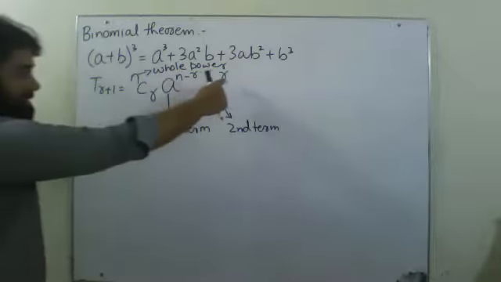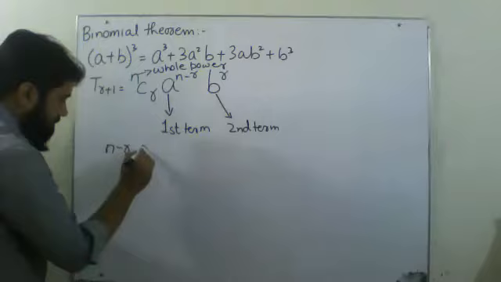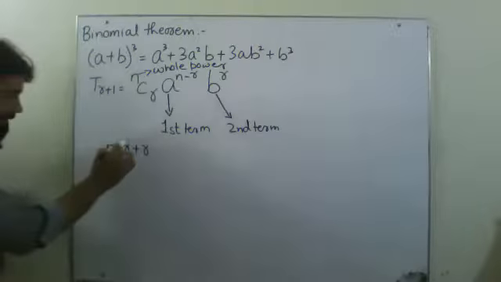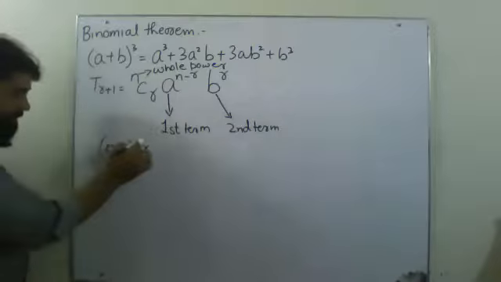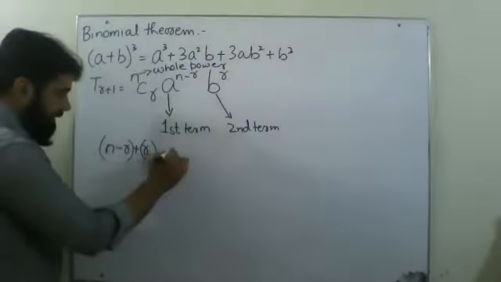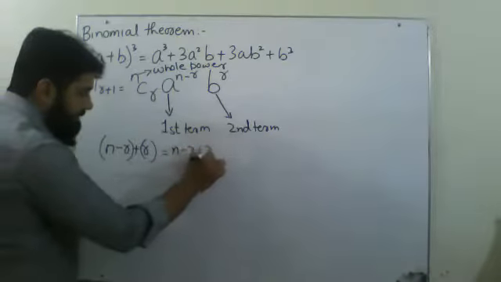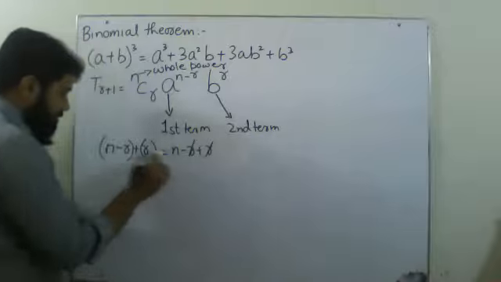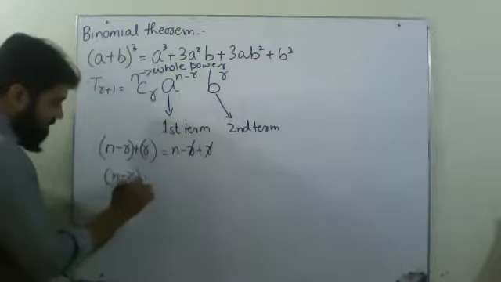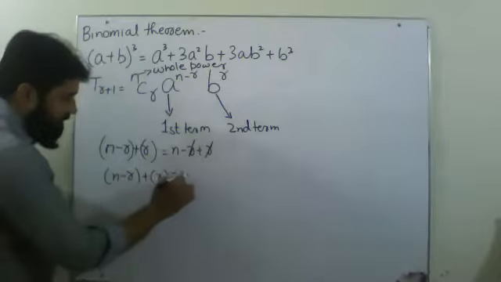And the power of b is written r. If I add both of them, the power of the first term is n - r and the power of the second term is r. If I simplify, the result will be n - r + r. The r will cancel, so the result will be equal to n.